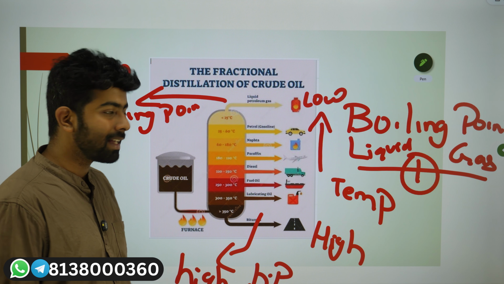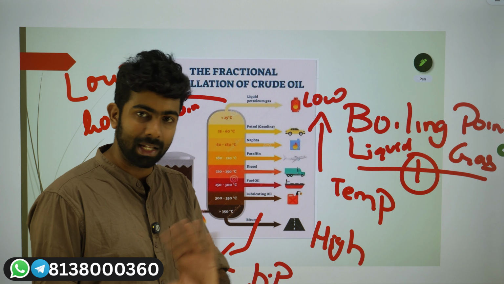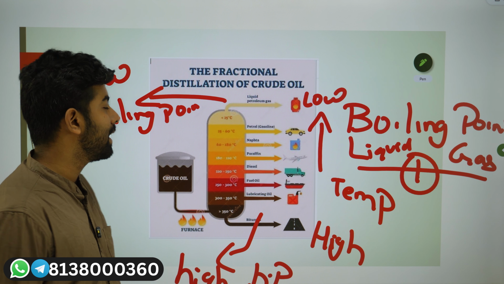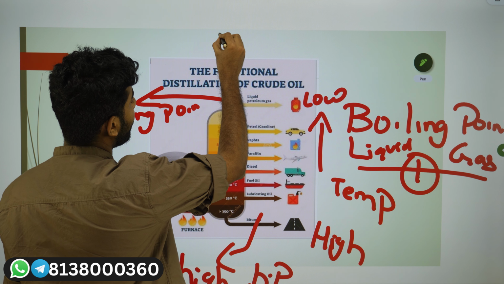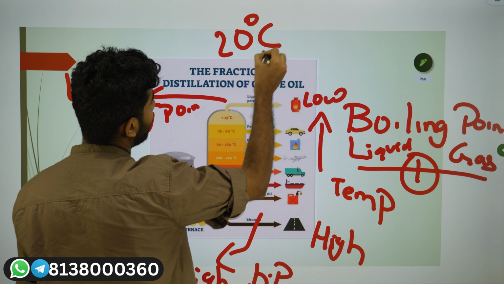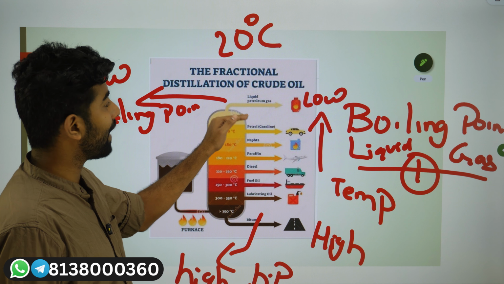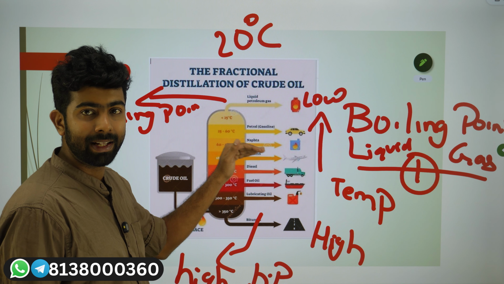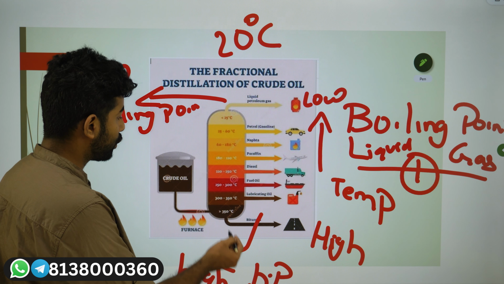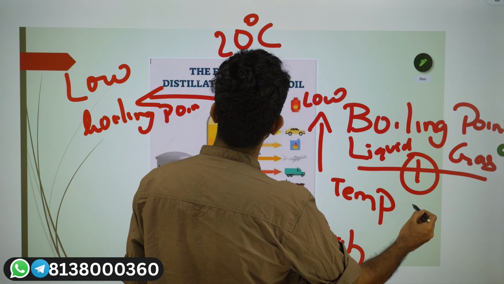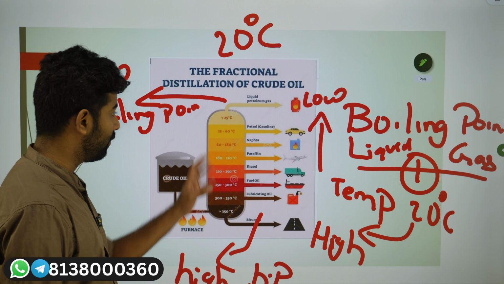But for convenience, say liquid petroleum gas has propane and butane, which have different boiling points, but on average, say it is 20 degrees Celsius. Only at that temperature will they be liquefied. So only when the temperature goes below 20 degrees Celsius will they be liquefied.